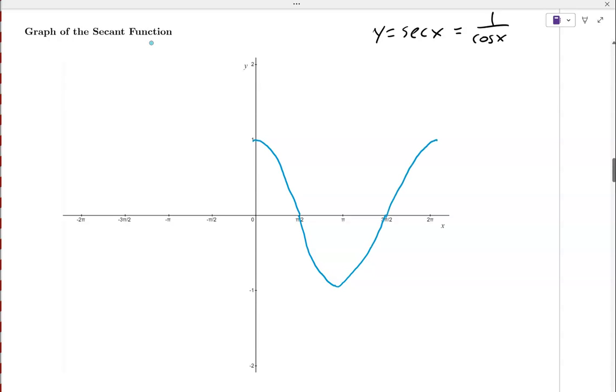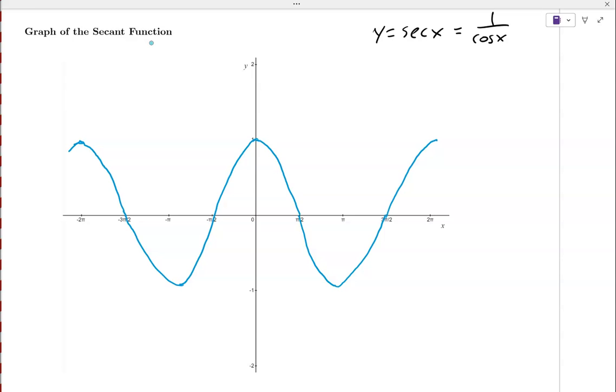Remember, your cosine crosses the y-axis at 1 and then has x-intercepts every odd multiple of pi over 2. Is this okay? This graph that we just drew is not part of the secant graph. I'm using this to help. Okay?